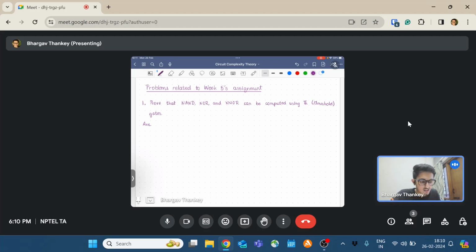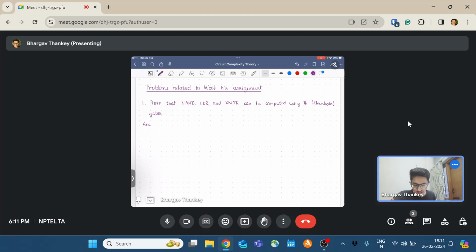What does the threshold gate look like? It is parameterized by a1 to am and theta, so that the output is 1 if and only if the sum over ai xi is greater than theta, right? So for NAND, NOR, and XNOR, we will construct these ai's and thetas.